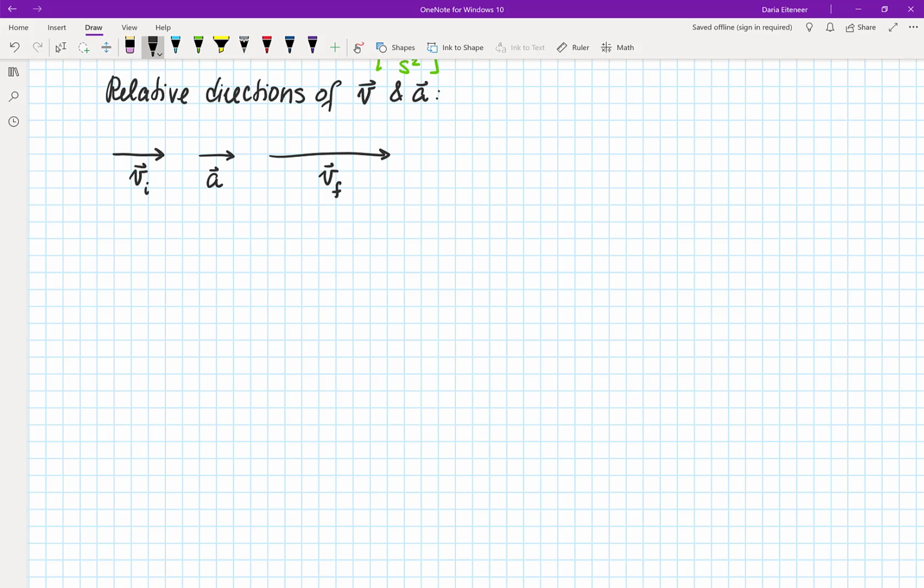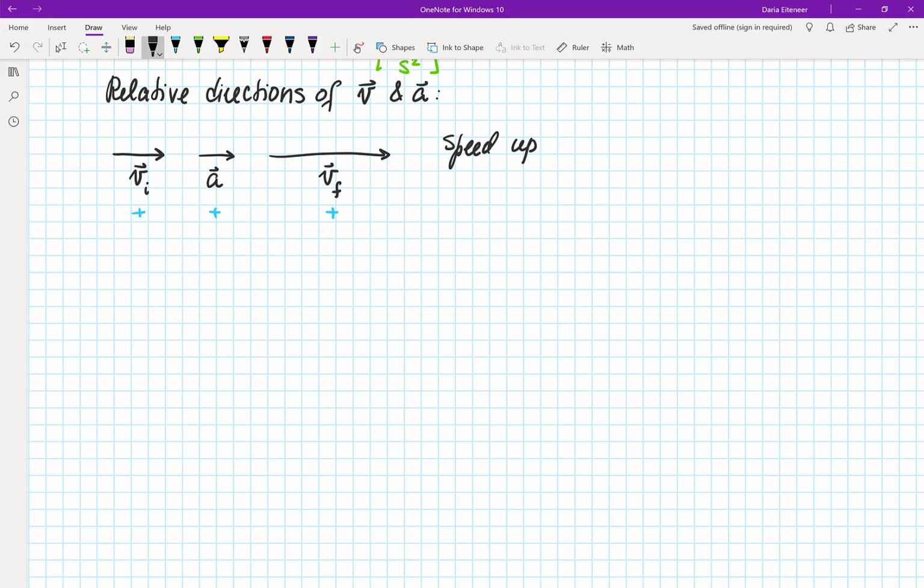Velocity and acceleration both point to the right, and that results in speeding up, as in, the object starts moving faster. Let's also go through the signs. To the right, we said, was positive. This one's also to the right, and the result is also to the right. So everything's positive here, and we know that the object is accelerating.